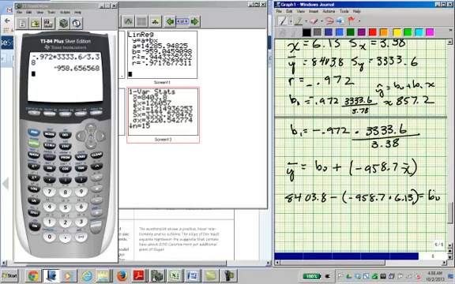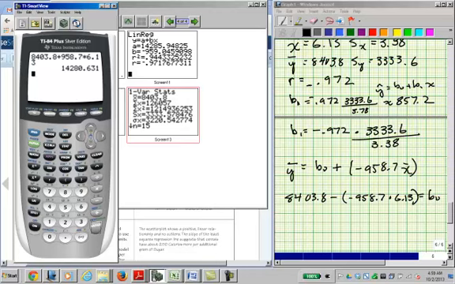Now let's see how close this is. So 8403.8, now we got two minuses, so it makes a plus, times 6.13, and that's pretty close.